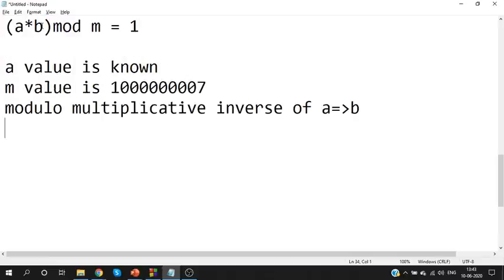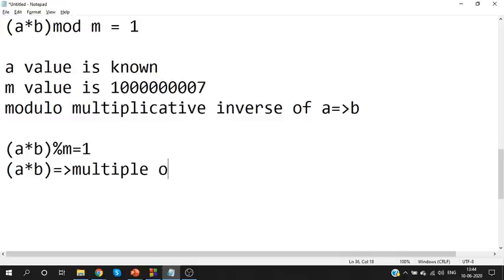What are they telling you here? A into b modulus m should be equal to 1. Yes, the product modulus m should be equal to 1. How can you understand this? If the product of two numbers should give a remainder 1, it means a into b should be some multiple of m plus 1.